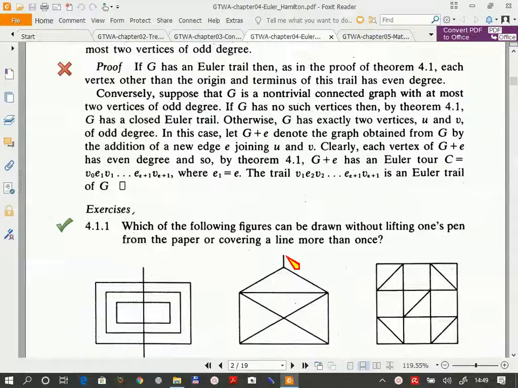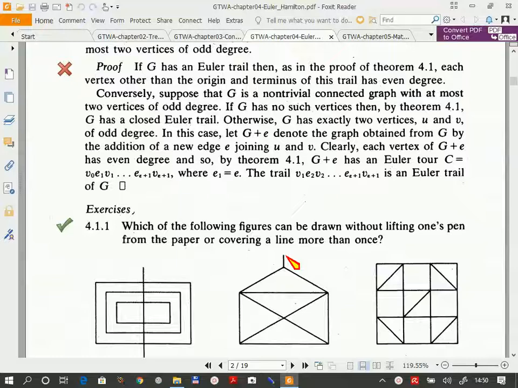Okay, I do it. What the problem was, it was actually impossible because of that small edge which I took away here. But it was: can you draw that without taking your pen away from the paper and without going twice on the same line?